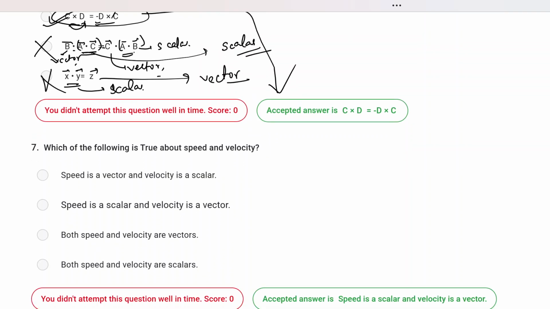So anyway, let us discuss question 7: which of the following is true about speed and velocity. Now this is a very fun thing to remember. You all must have also remembered it that way: speed starts with s, so it is a scalar quantity, and velocity starting with v is a vector quantity.